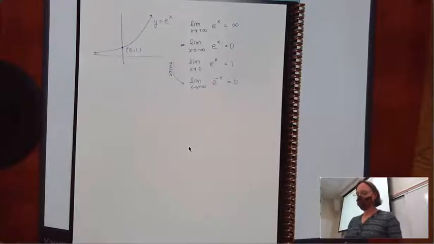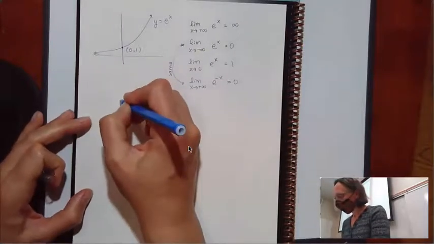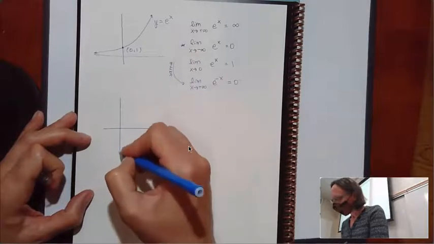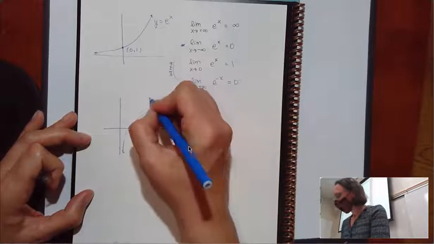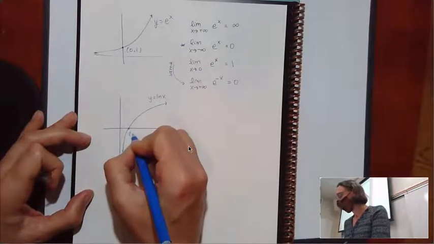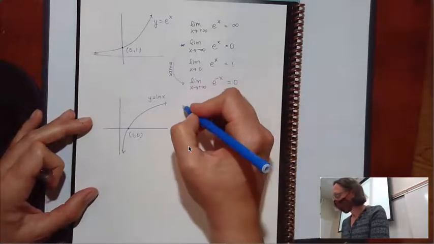Now e has a cousin, ln of x. So if that's y equals ln of x, the intercept is (1, 0). And we can ask similar questions.